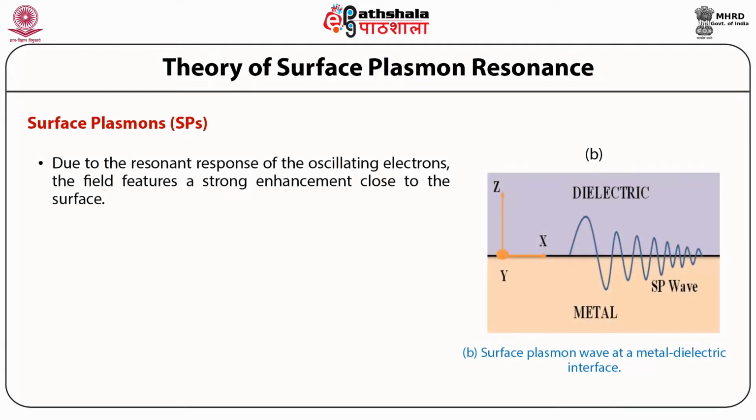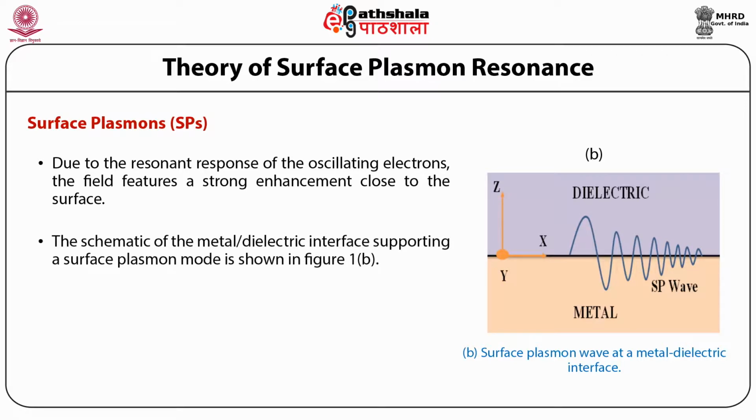So due to the resonant response of the oscillating electrons, the field features a strong enhancement close to the surface. Surface plasmons are p-polarized waves and hence can be excited by a transverse magnetic (TM) polarized wave.